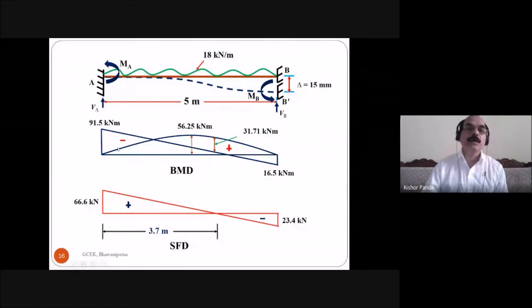So this is the bending moment diagram. This is the free BMD, positive bending moment, and this is the support moment, because here you got the support moment negative, minus 91.5 kilonewton meter, but MB you got plus 16.5 kilonewton meter.